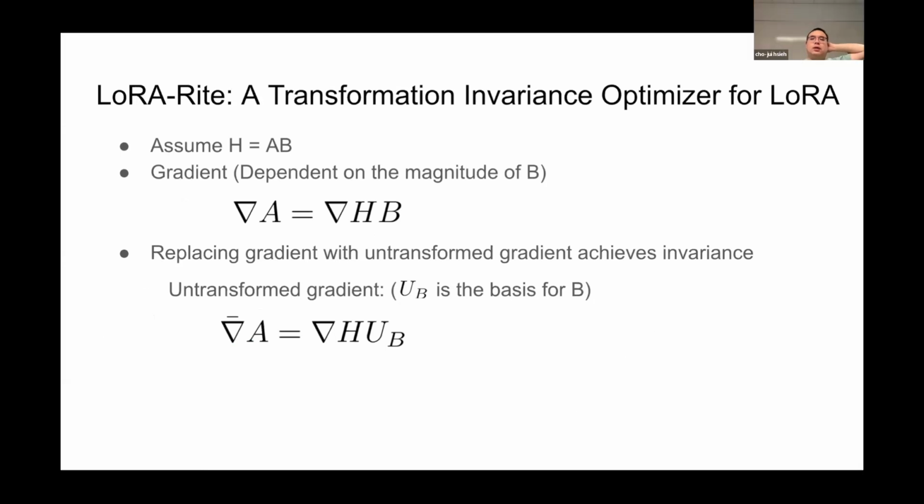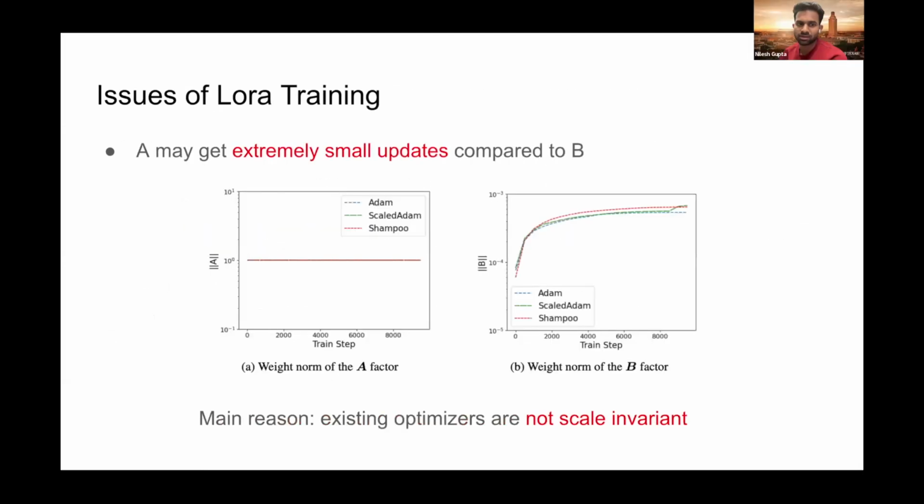I assume A and B can be such that they still multiply to give zero. Yeah, that's a good question. That will partially resolve this behavior, but it still won't be scale invariant or transformation invariant. The scale of the transformation can still change during training. So even if you don't have this behavior, we still see benefits of using scale invariant, transformation invariant optimizers in those cases.